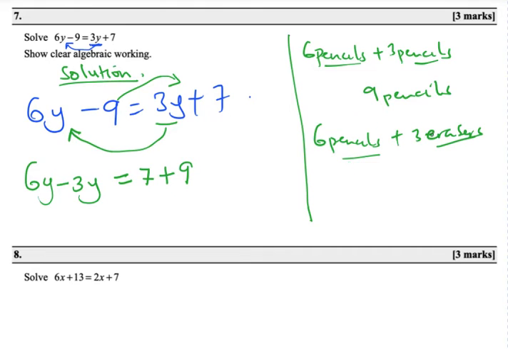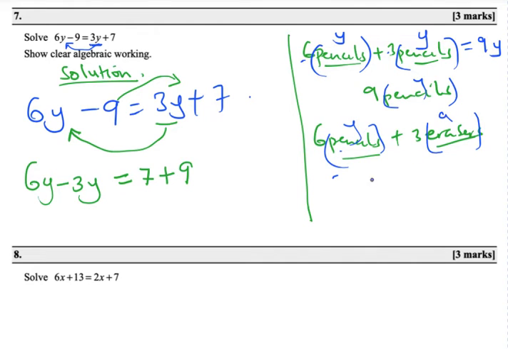You treat letters the same way. Imagine that this is y or x or any letter, and this is y. So you add the numbers 6 plus 3, 9, and you get 9y. If it is pencils and erasers, this could be y, and erasers something different, it could be a. So you cannot add 6y and 3a because they are different terms. I hope you understand this bit of algebra.